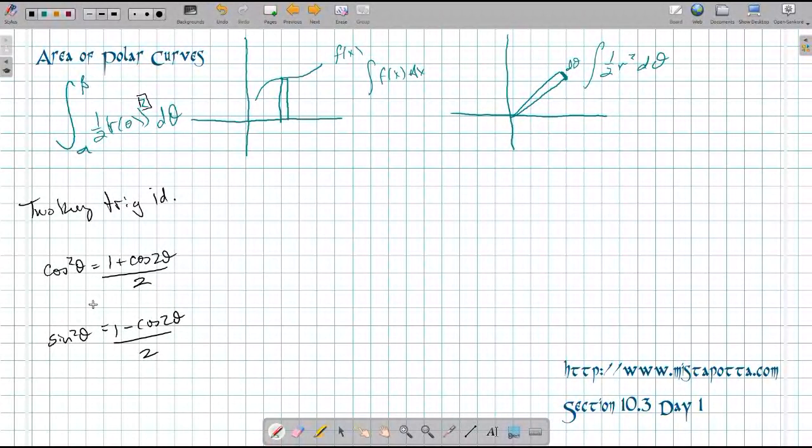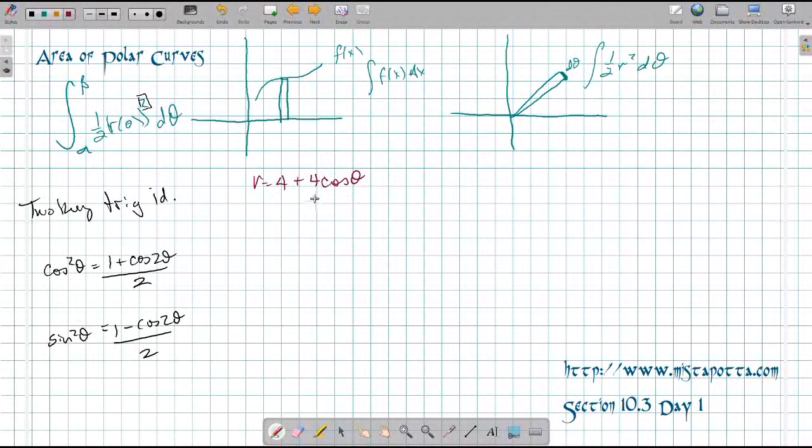So I want to do a couple of examples here. I want to start off first with a limaçon. So I've got r equals 4 plus 4 cosine theta.